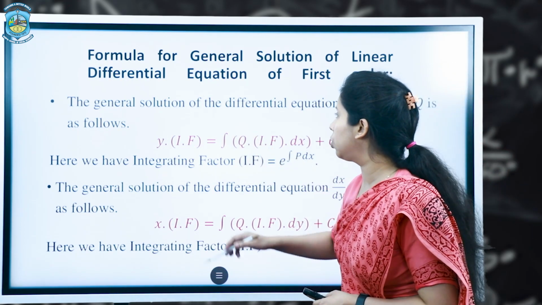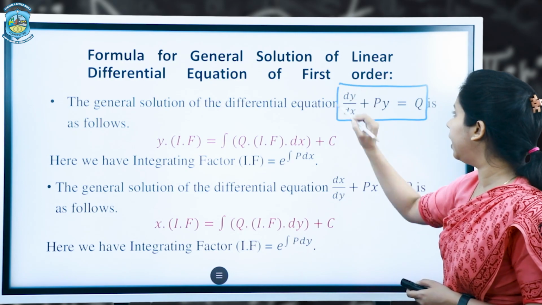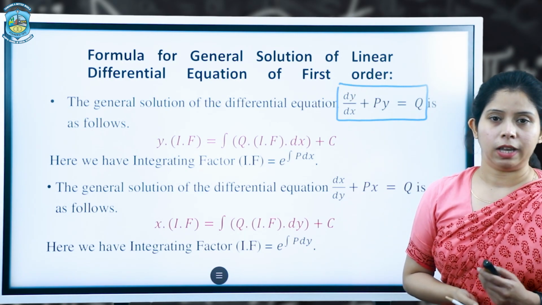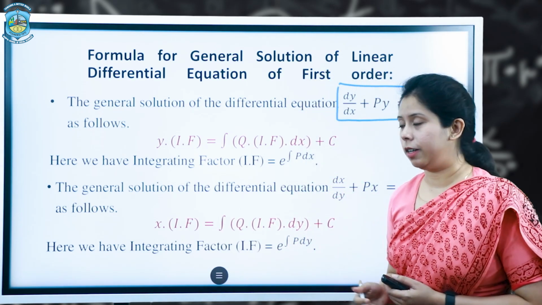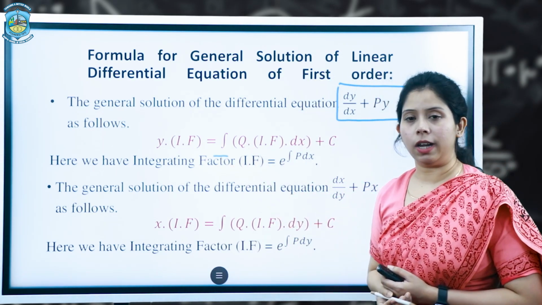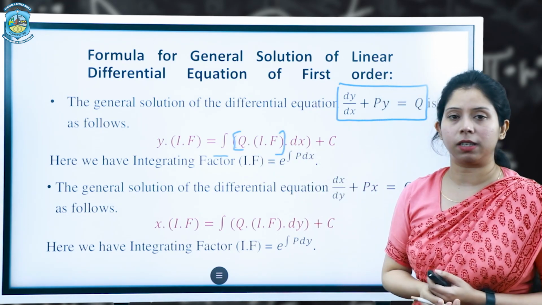So the general solution of the differential equation given by dy by dx plus py is equal to q is as follows. y into integrating factor is equal to the integral of q into integrating factor dx plus c.